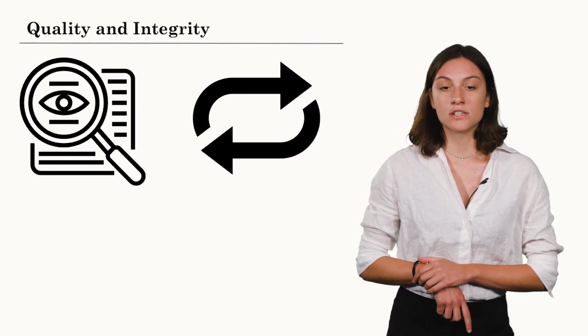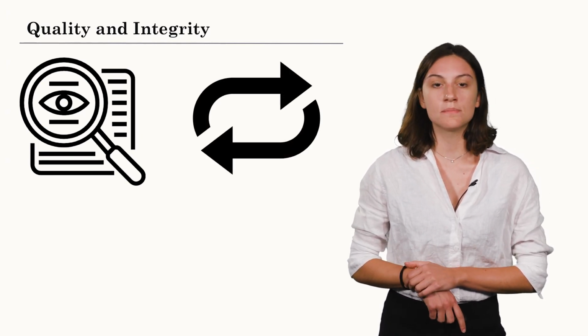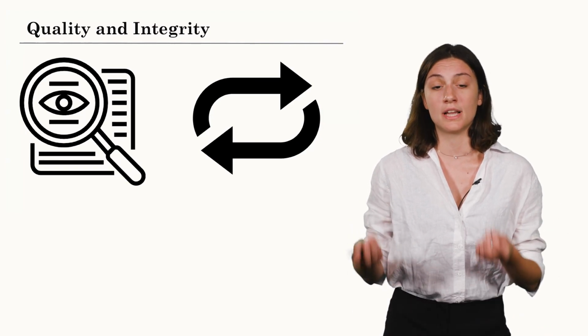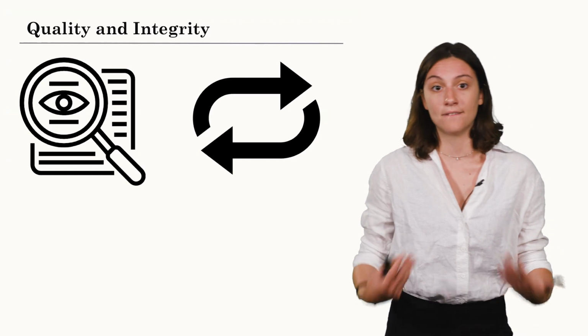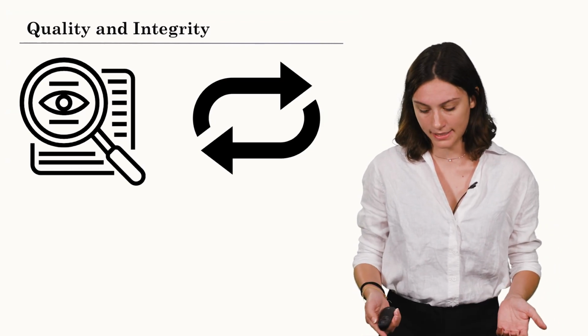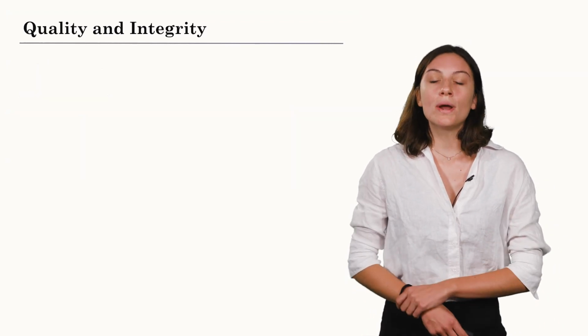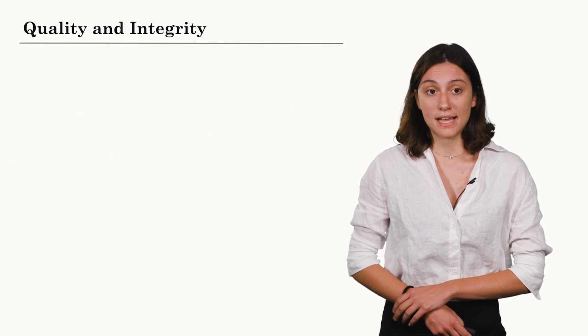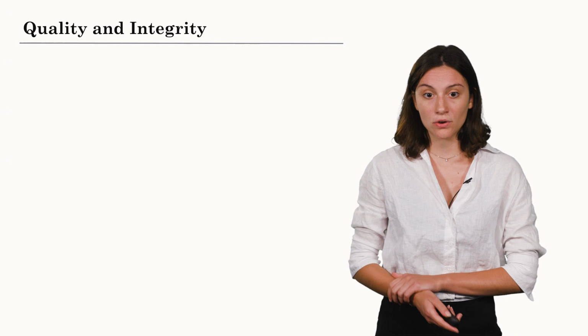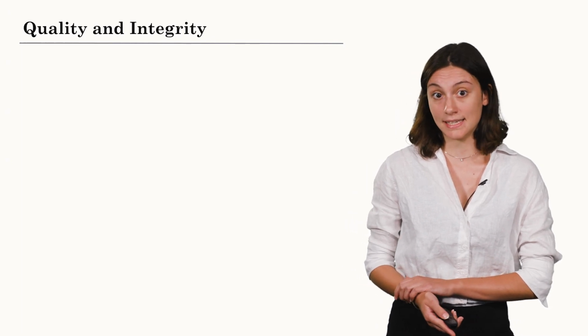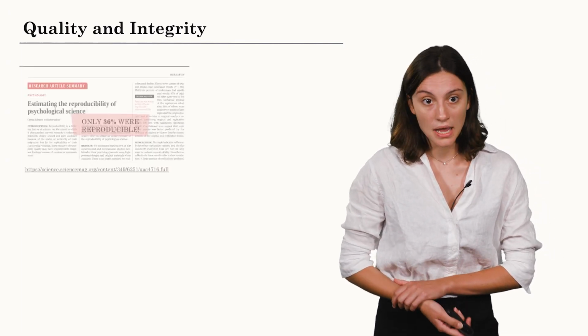And also, science should be reproducible. What this means is that if an effect is shown in a study, it should be possible to repeat that same study and then find that same finding and effect. So when we look at whether findings in research are transparent, reproducible, and rigorous, what we find is that this is not always the case.